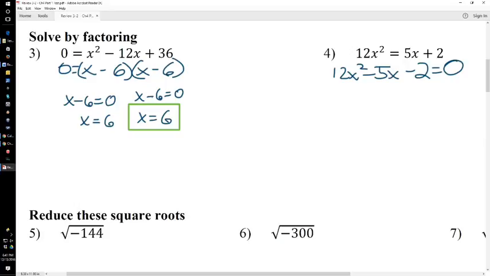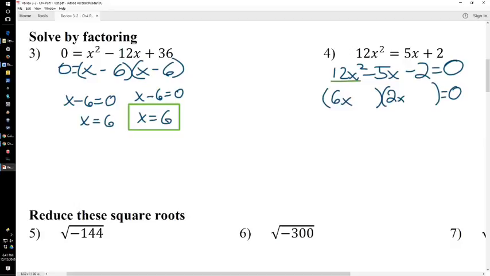From here, we factor it, parentheses, and we're just going to try a few things until we get it right. Remember, two things that multiply to the left. In this case, I'm going to try 6 and 2. So 6x and 2x, because 6 times 2 is 12.